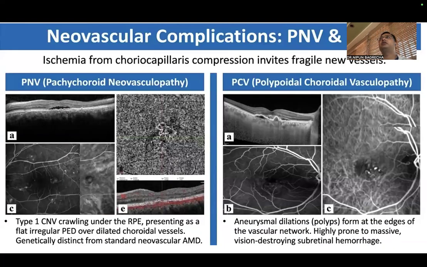Coming to the further spectrum, when it causes ischemia, it causes pachychoroidal neovasculopathy, which we can see on the OCT, and then the formation of pachychoroidal polypoidal choroidal vasculopathy. There is a very good paper I always discuss in the OPD regarding OCT-based diagnosis of polypoidal choroidal vasculopathy.